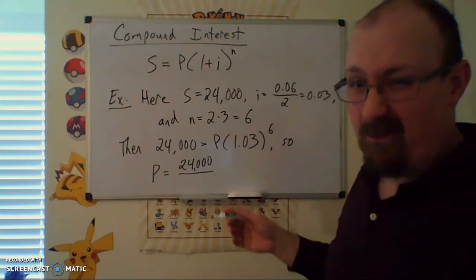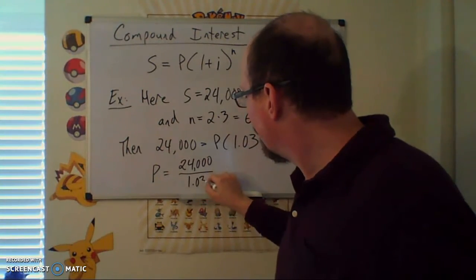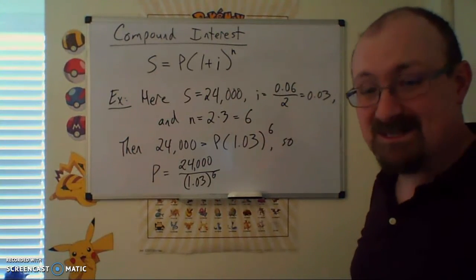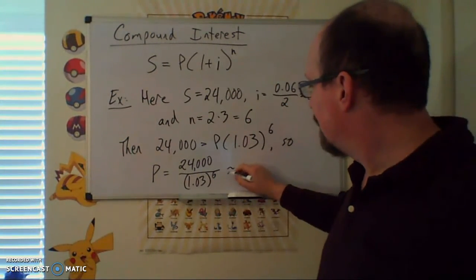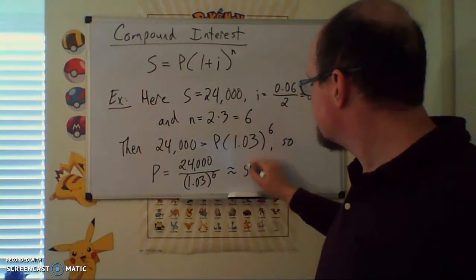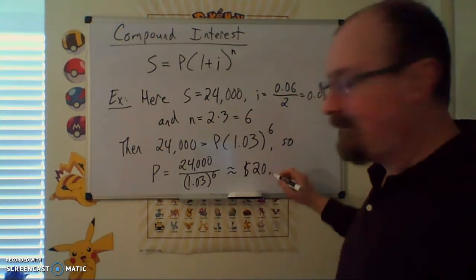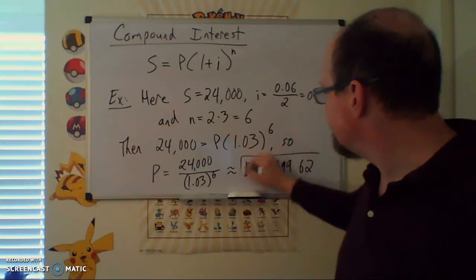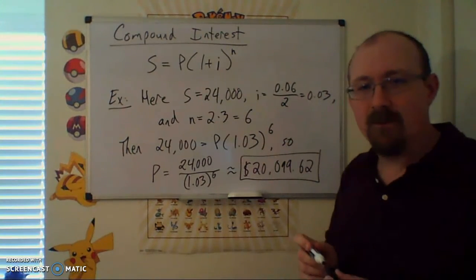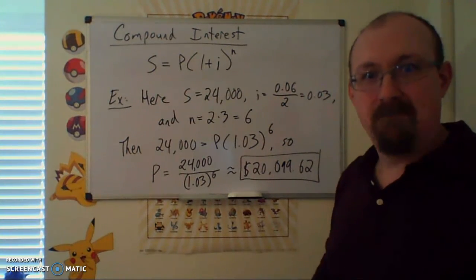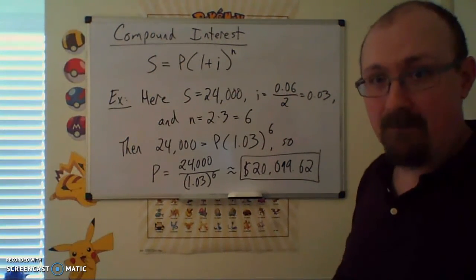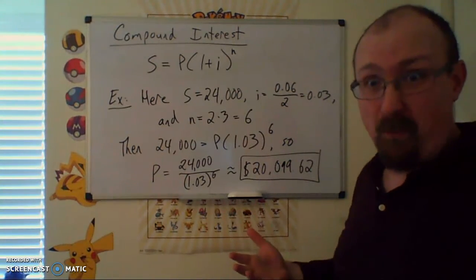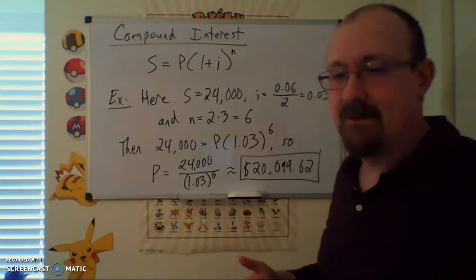If you wanted to have it worked out, that's fine. So we have 1.03 raised to the 6th power in the bottom of the fraction. And the principal I came up with in that instance was $20,099.62. So that's an example of periodic compounding where we've actually used this to work out how much money we've got to put away. So that's kind of a practical type question.